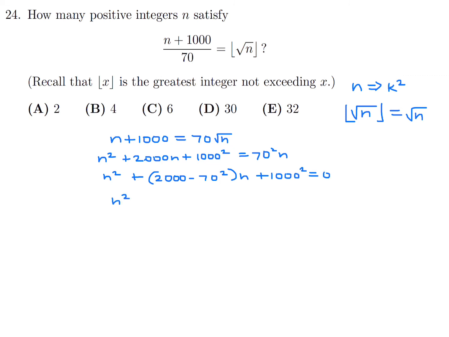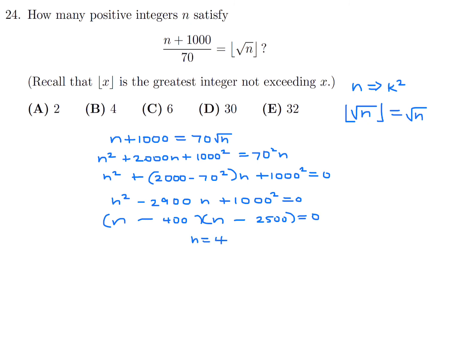So that becomes n squared minus 2,900n plus 1,000 squared. This factors very nicely, actually: (n minus 400)(n minus 2,500). So immediately you get n equal to 400 and 2,500.